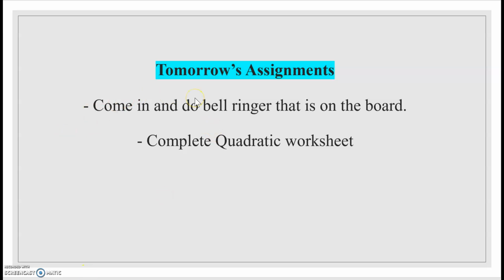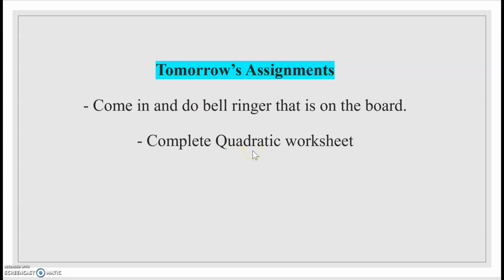As you come in tomorrow, I'll have a bell ringer on the board for you all to do. As you come into class, we'll try to knock that out pretty quickly. All this is going to be is just something for you to work on your own, get your mind rolling in this direction, get a little practice before we move into our assignment.